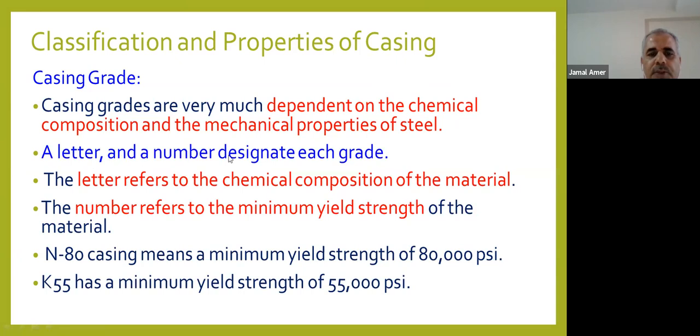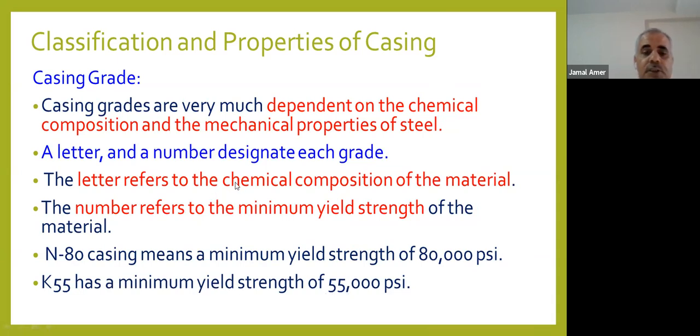So the letter refers to the composition of the steel of the casing. While the number refers to what? To the minimum yield strength. Here 80 means 80,000 psi. K55 has a minimum yield strength of 55,000.